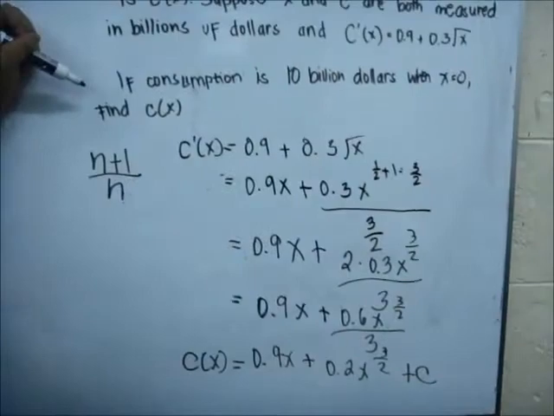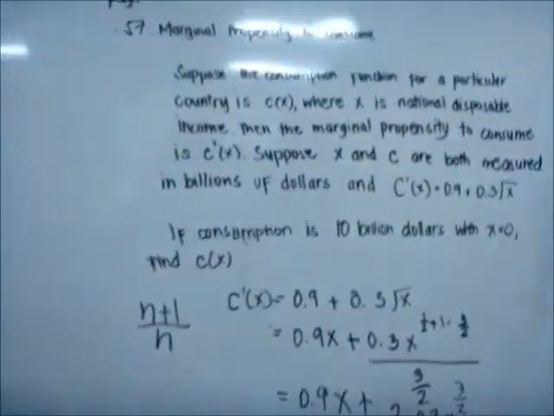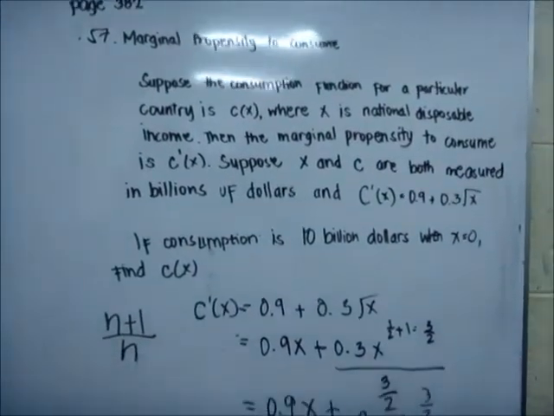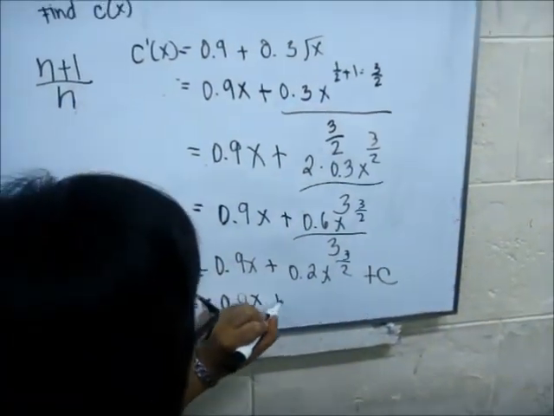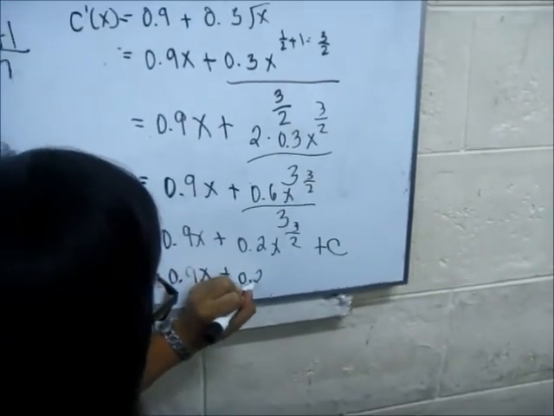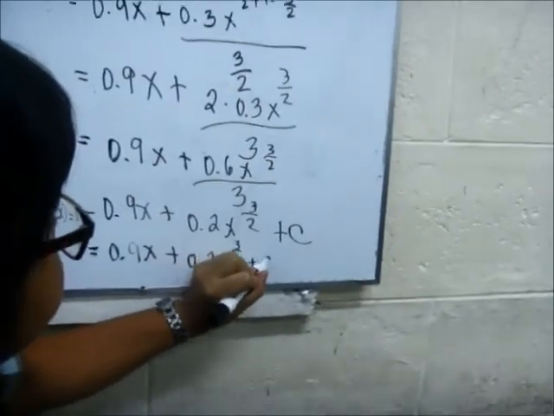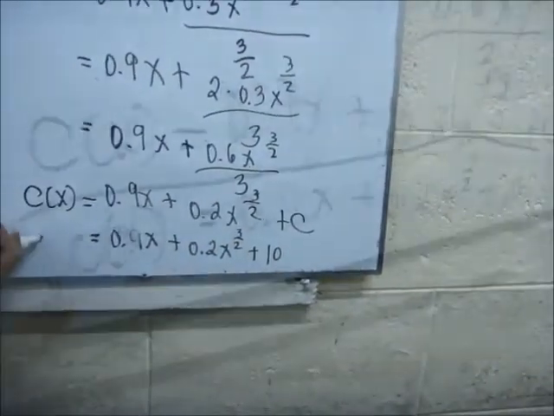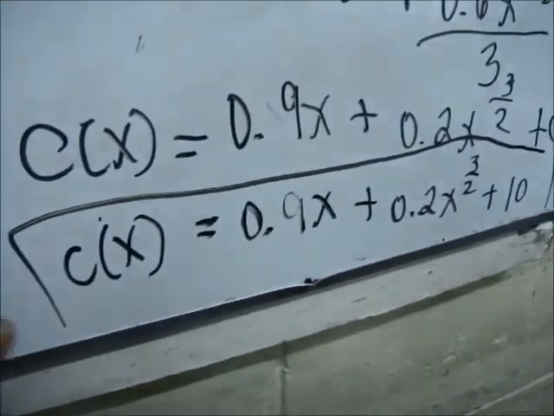Since we already have a given here, we'll make C equal to $10 billion. And this is our final answer for page 382, number 57.